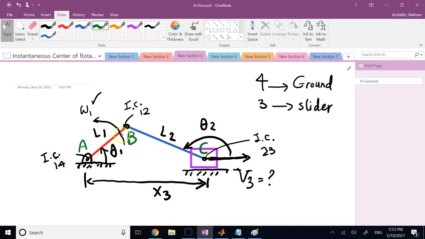So here I have 1, 2, and 1, 4. So if I continue this line, then IC of 2, 4 should be on this line, based on Kennedy's theorem.